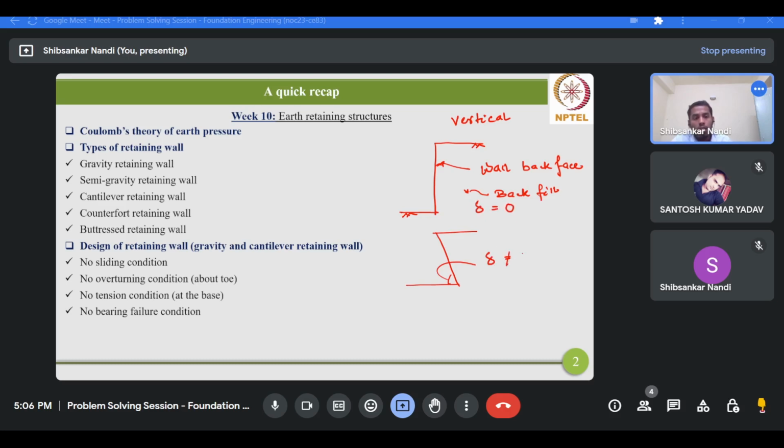However, here some angle of wall friction is considered. We will see what the limit of this delta is in comparison to the angle of internal friction of the backfill material. So you can point out two major differences between Rankine's theory and Coulomb's theory of earth pressure.